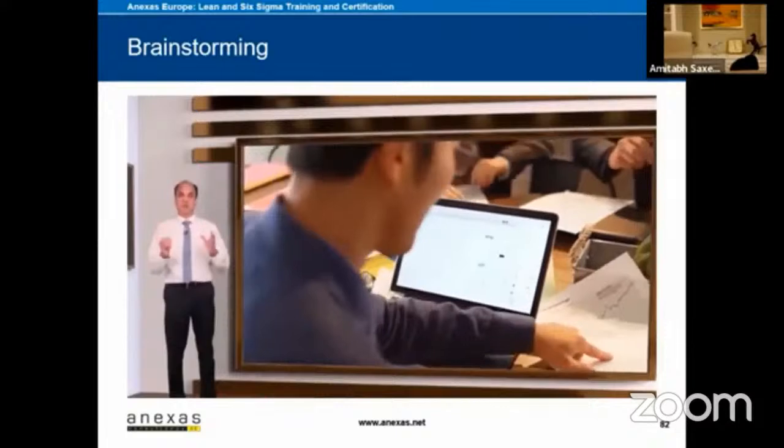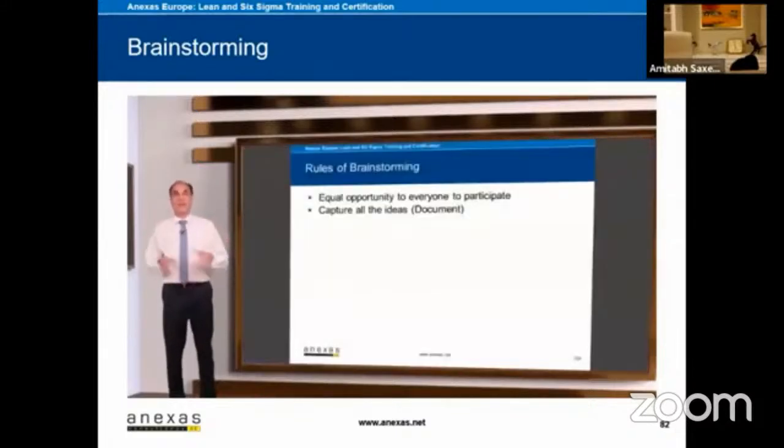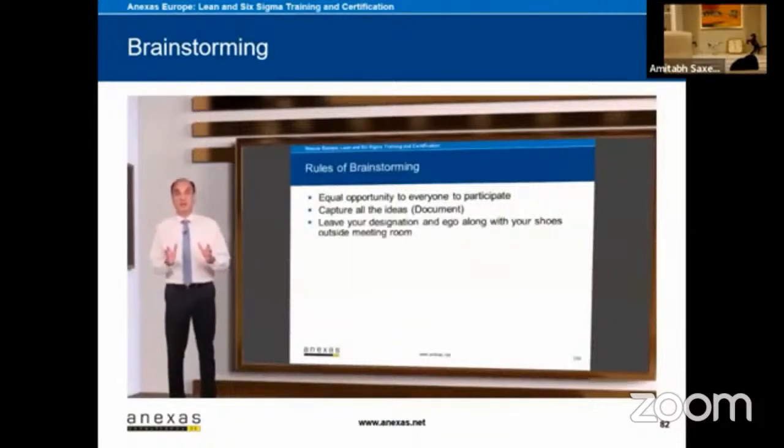Someone should be there to document, or a scribe you can appoint to document all the ideas. Leave your designation and ego along with your shoes outside the meeting room. That means don't think that if you are senior, your idea carries more weightage. So obviously this ground rule should be very clear to everyone, and everyone should be encouraged to give an idea, and everyone's idea should carry equal weightage.